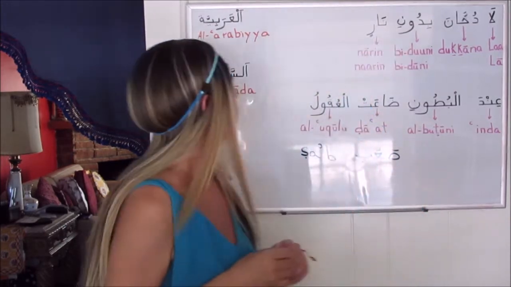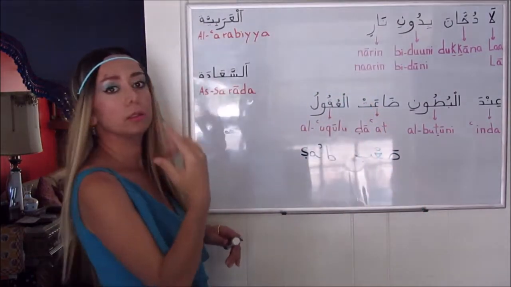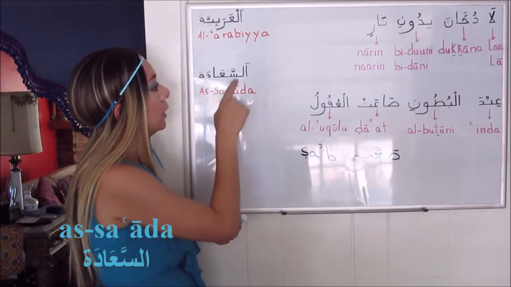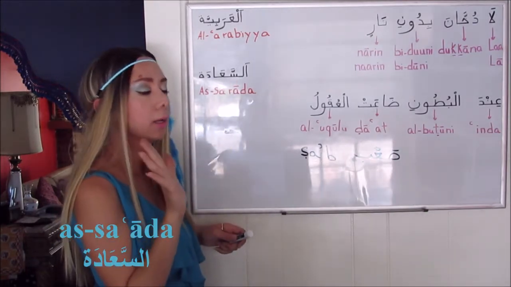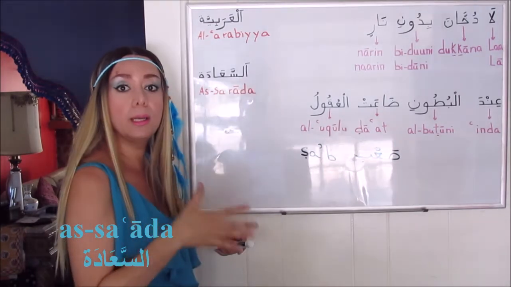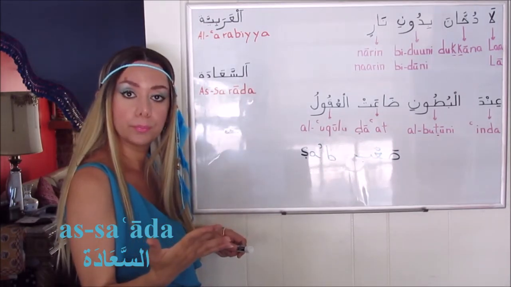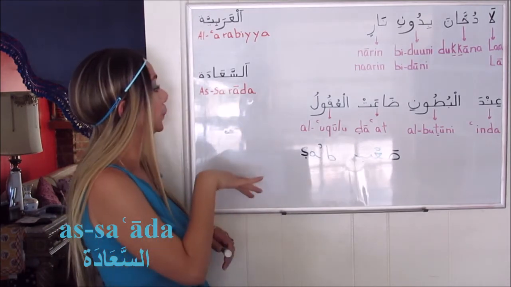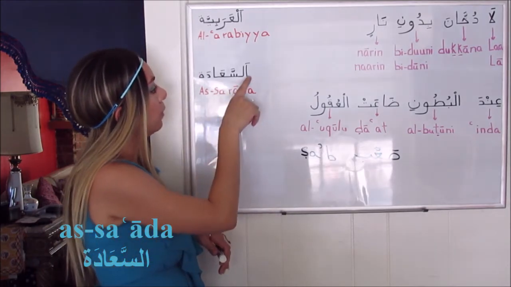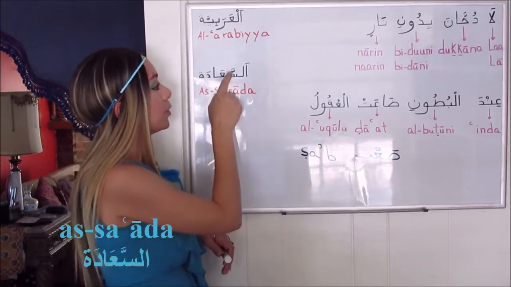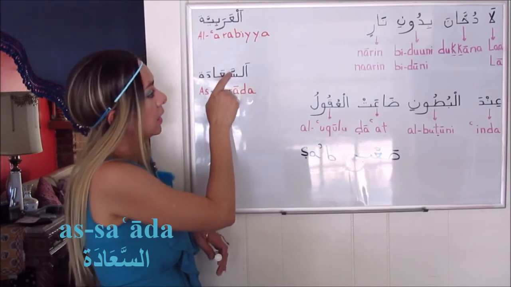Or, here we have another word, as-sa'ada, happiness. Here, what do you hear? As-sa'ada. We don't hear the lam at all, so we omit it during the transliteration. So we have a, and we have a double sin because of the shadda, the emphasis sign.